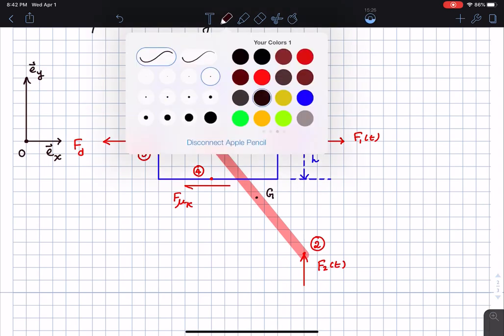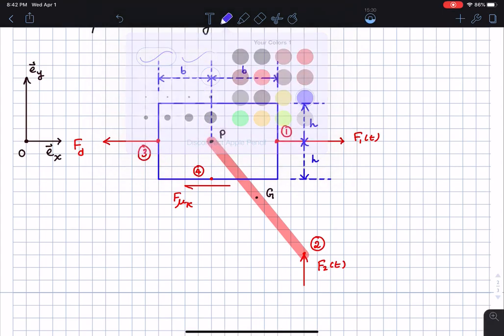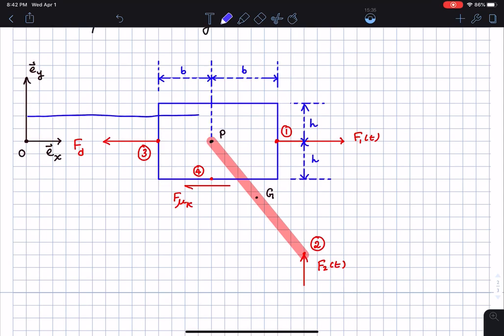So I'm going to mark that distance now in the blue color as well. All the way from here to there along the x direction is a distance x of t, and let's draw that in dotted lines.